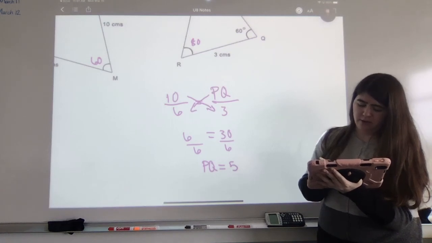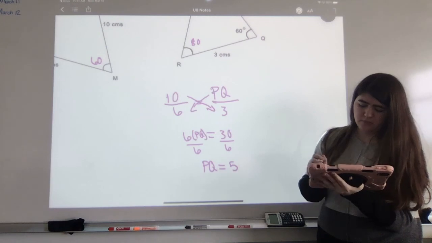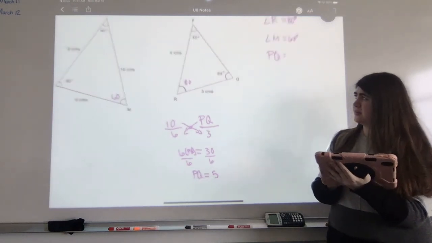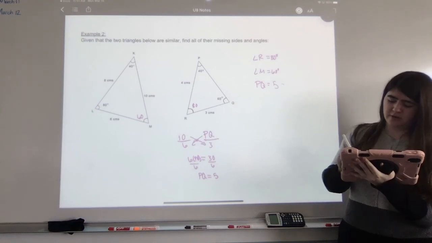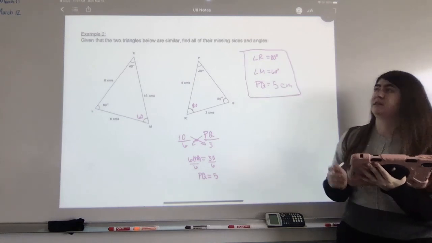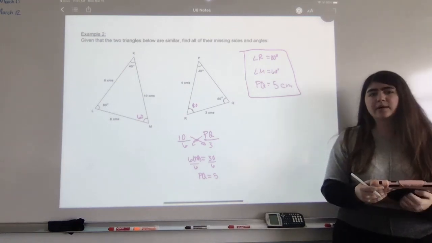And I will switch this to be PQ so that it's clear. All right, so our missing side length, our length of PQ, is 5 centimeters. And those are all the 3 missing pieces that we have in this shape, and we are able to find them all. All right, this is where we're going to stop for today.